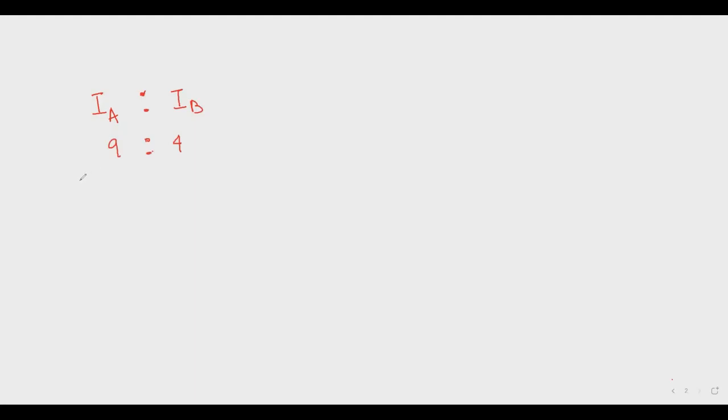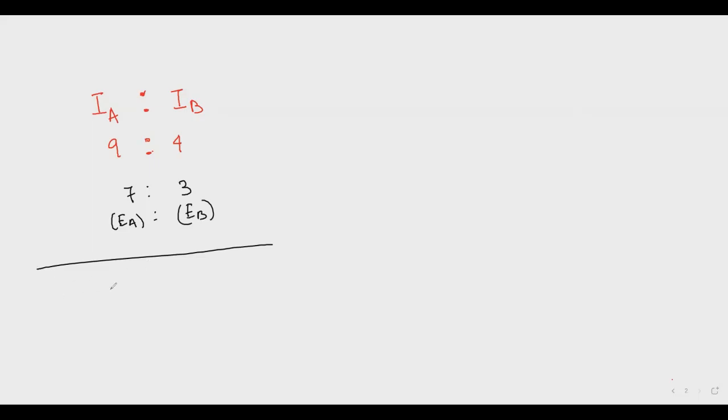This is the income ratio, and the expenditure ratio of EA and EB is 7:3. So this is your EA and this is your EB, your expenditure.